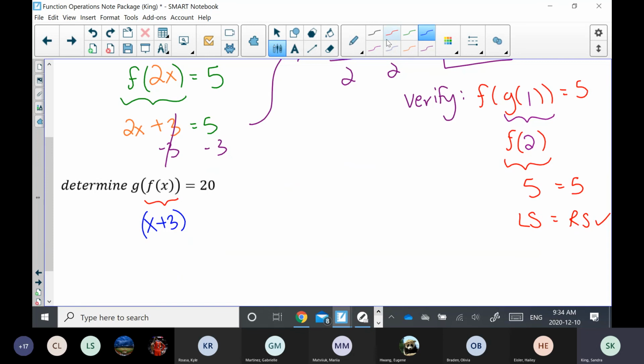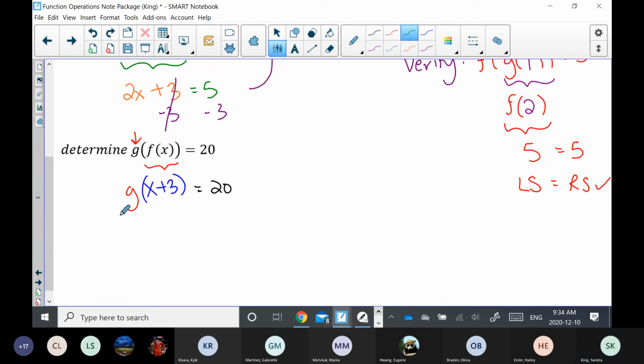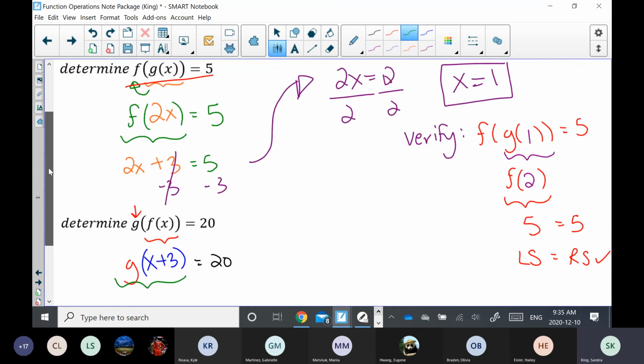They want me to input that into this outer function, which is g. And then they say, please let it equal 20. So you say, okay, now I've got to evaluate this outer function. In my g function, whenever I see an x, it comes out and x plus 3 goes in.